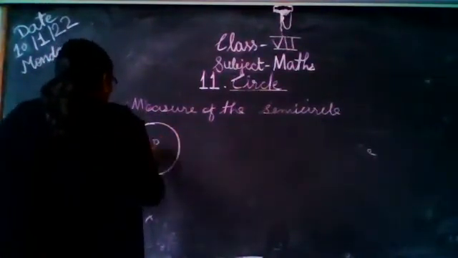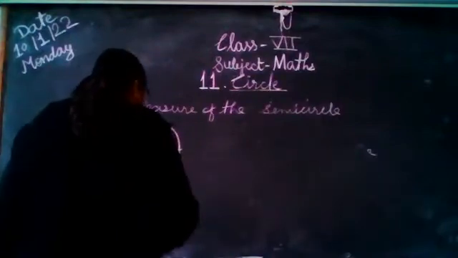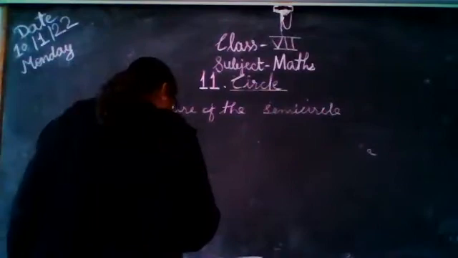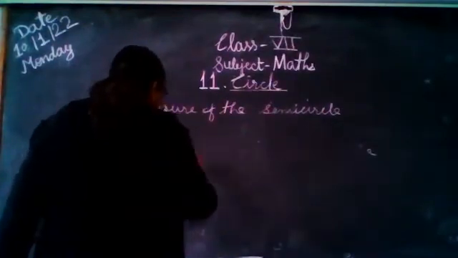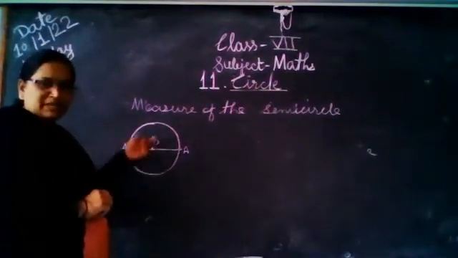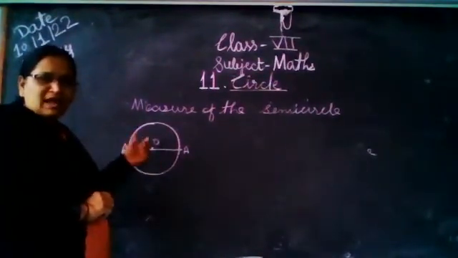It is the center O and it is divided into two. Suppose AB is the diameter of the circle. So due to this diameter, the circle is divided into two equal halves.